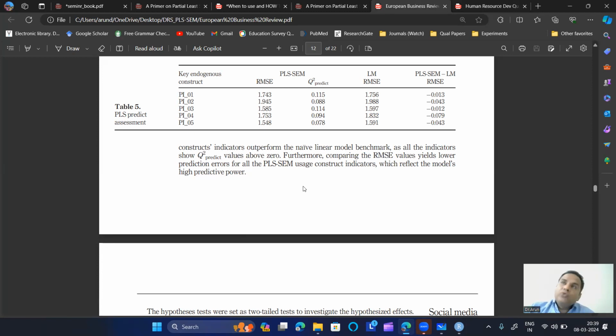Now, if you use the cSEM package, somehow I'm not convinced with it, in the sense that whenever you perform PLS predict, it will give you a very perfect, clear picture. It says that your PLS out of sample has lower errors.